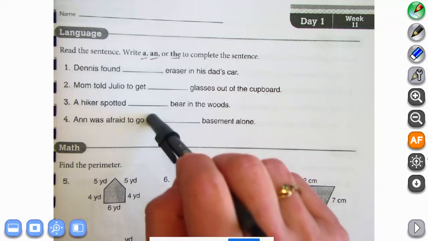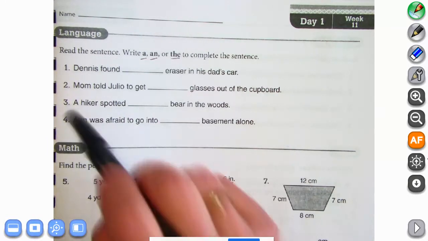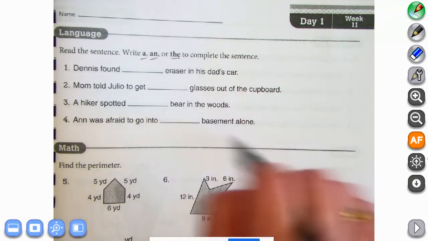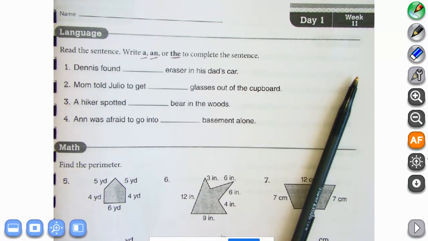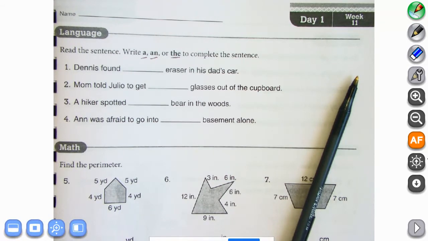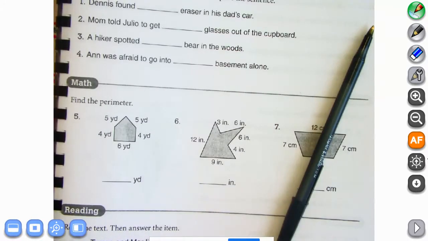A hiker spotted a, an, or the bear in the woods. Anne was afraid to go into a, an, or the basement alone. Okay, so which one would make the most sense? Okay, so we're going to go to the next part.